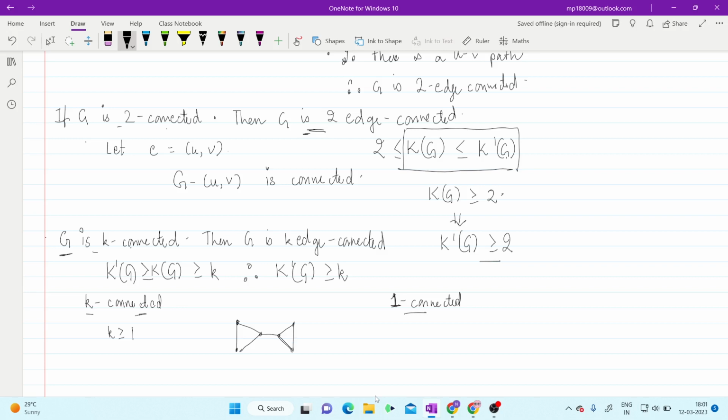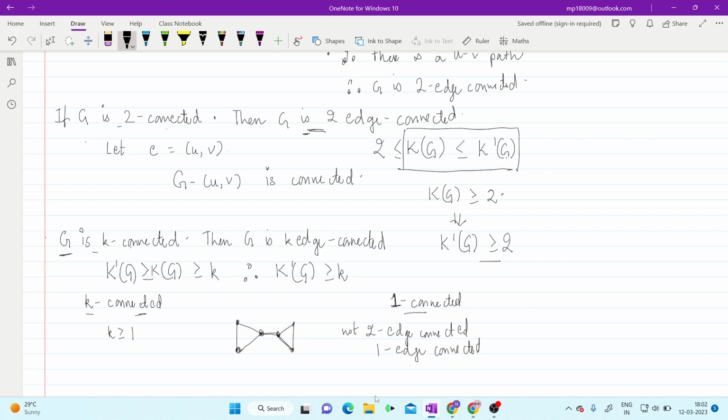This graph is one edge connected, but this graph is not two edge connected. It is only one edge connected. By one edge connectivity, we mean that removal of zero edges should not affect the connectedness of the graph.